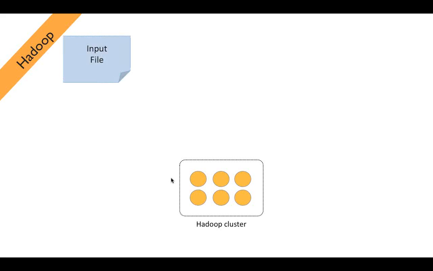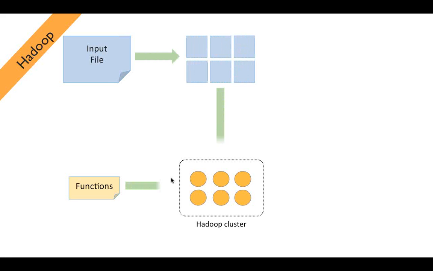So the basic idea, and obviously I'm drawing some fairly broad brushstrokes here, is that you have an input file and you have your functions, and the functions contain whatever processing or analysis you want to do on that file. The file gets split up and loaded into the cluster along with your functions, and then Hadoop takes care of making sure that those chunks of data are distributed amongst all of the different nodes.